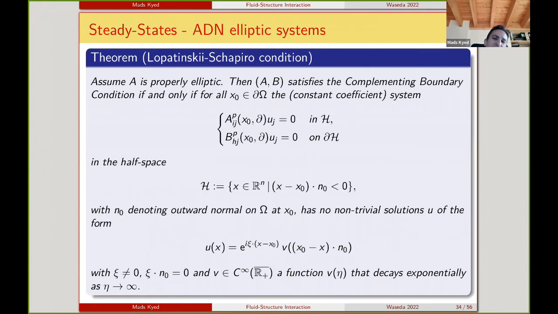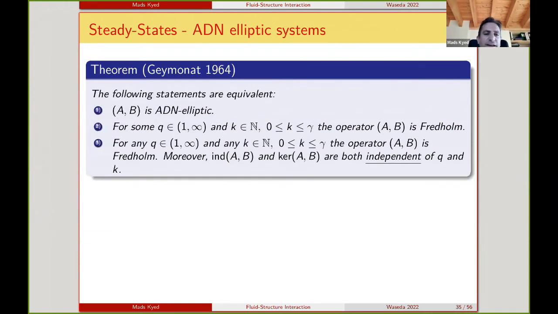So it's natural that the Lopatinskii-Shapiro condition is also a half-space problem, and it has to do with conditions on the solutions that you get in the half-space case. Let's leave it at that, because otherwise I would have to go into the details of the Agmon-Nirenberg theory, and that's not the point of my lecture here.